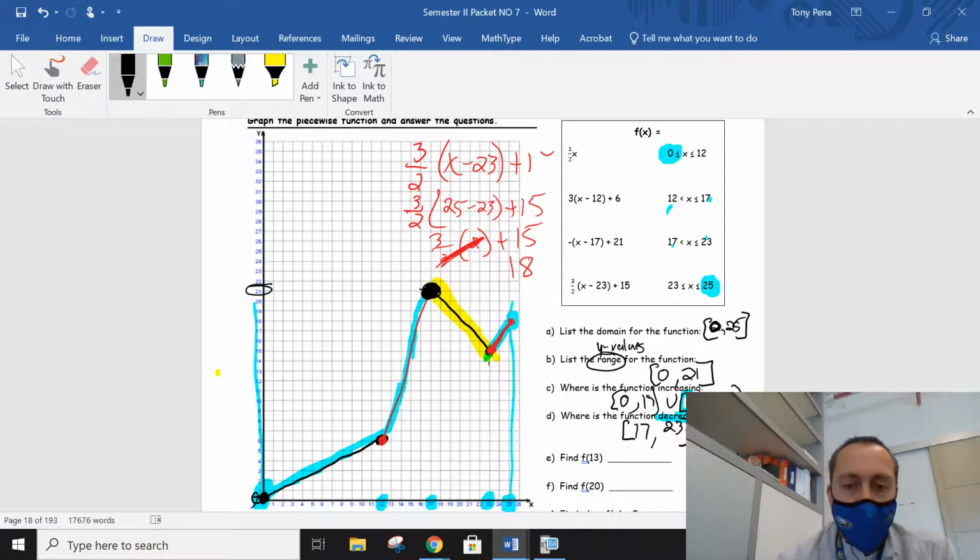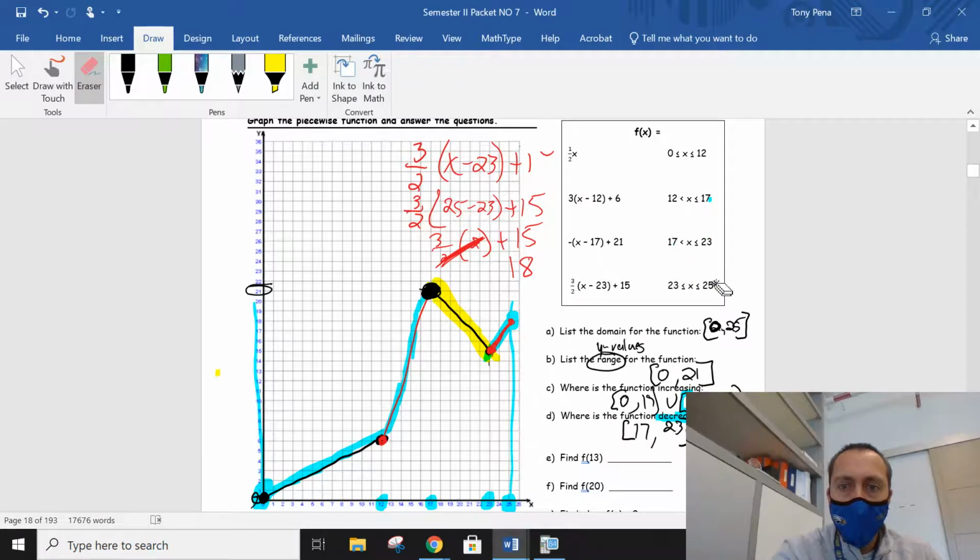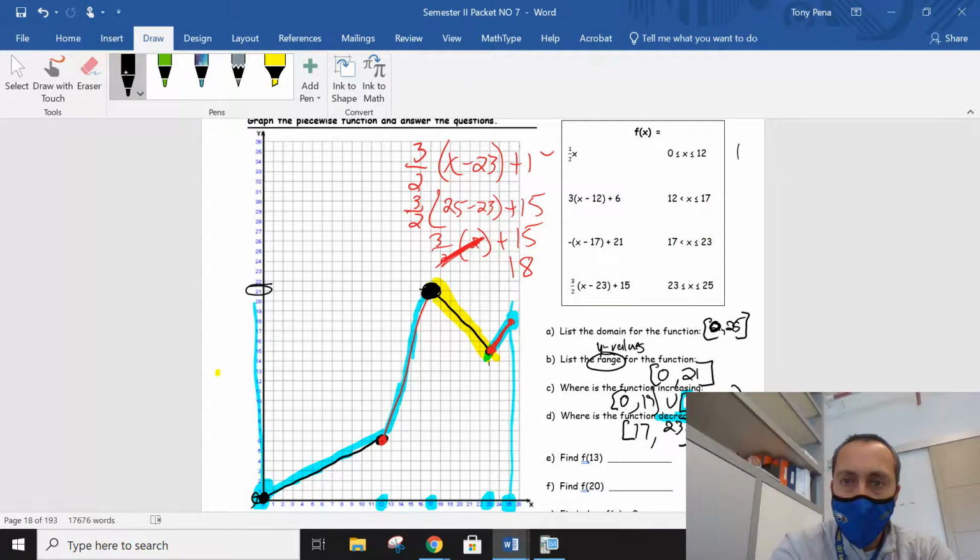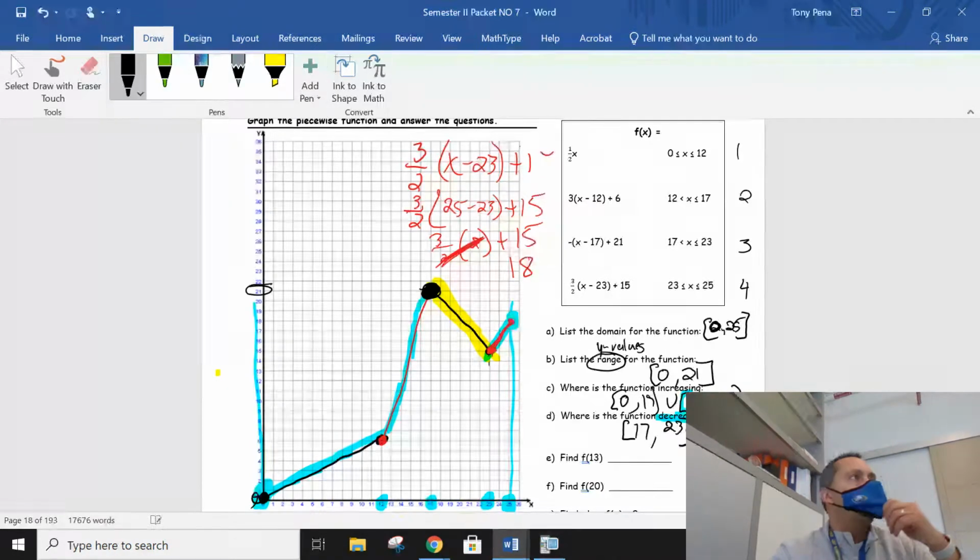Letter E. Answer letter E. See what you get. Find f of 13. Okay, for f of 13, we have 4 different parts to this, right?